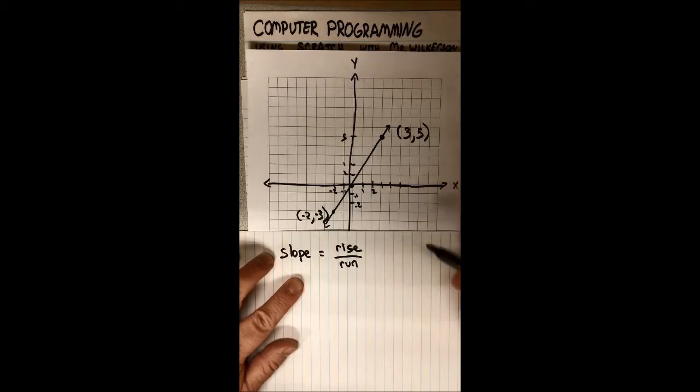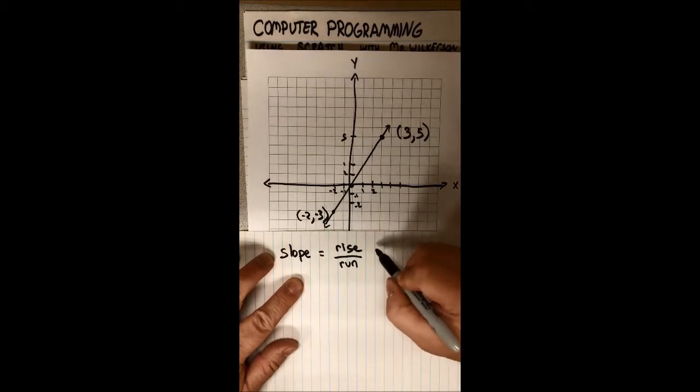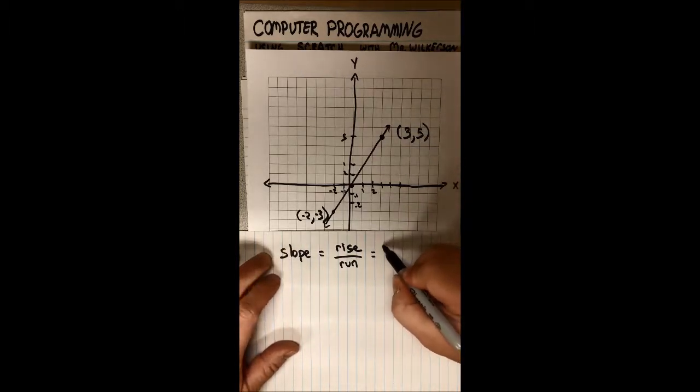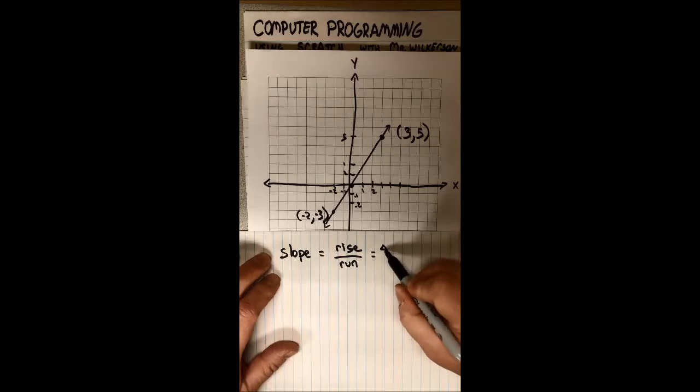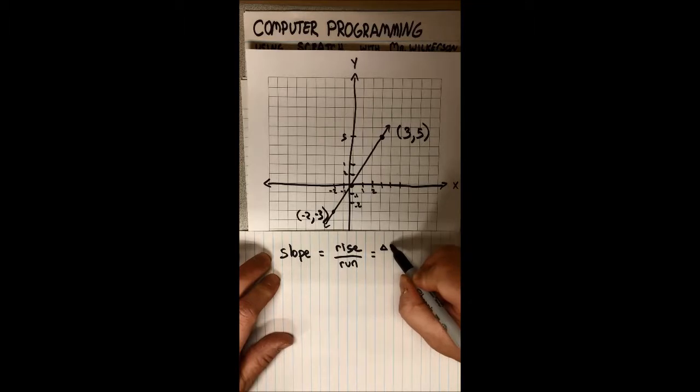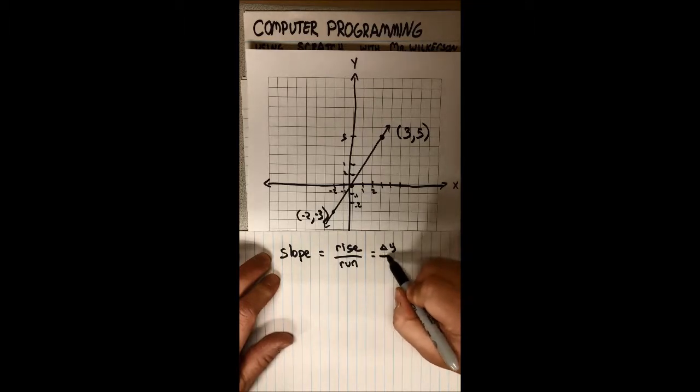The way we would define that mathematically would be the change in the verticalness, the rise. Change is denoted by a little Greek letter called delta. So delta y, and we divide that by the change in x.